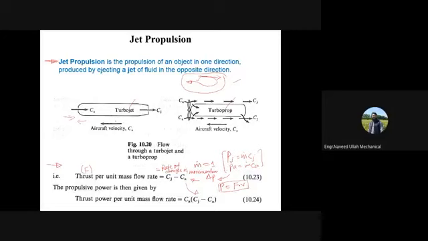Okay, so the aircraft velocity, and this is the jet velocity. And similarly here also, this is the aircraft velocity and this is the jet velocity in turboprop. Okay, so this is actually flow through a turbojet and turboprop engine, right?